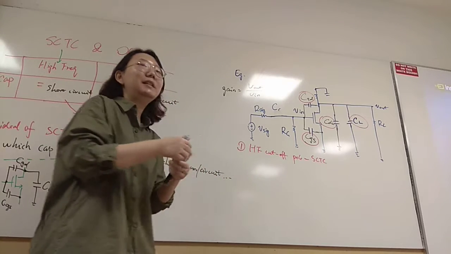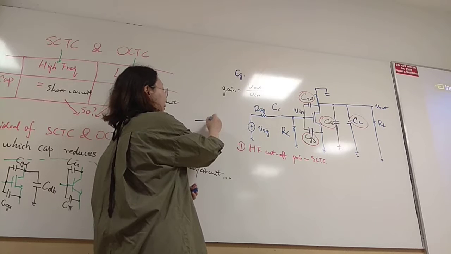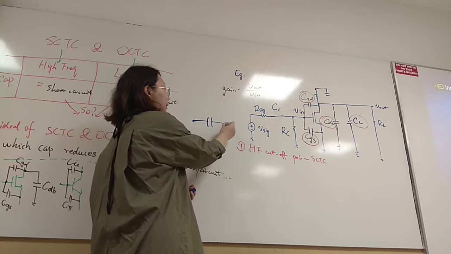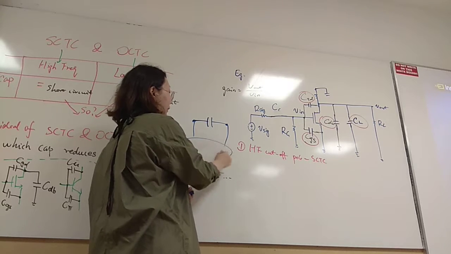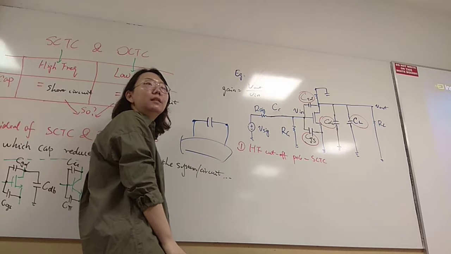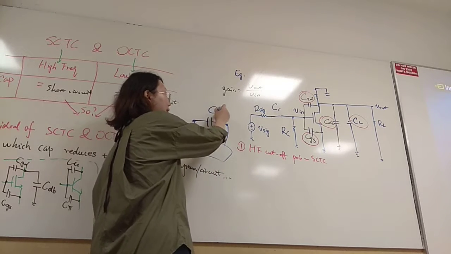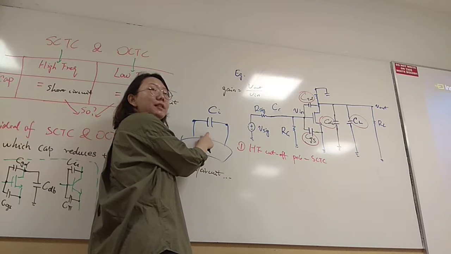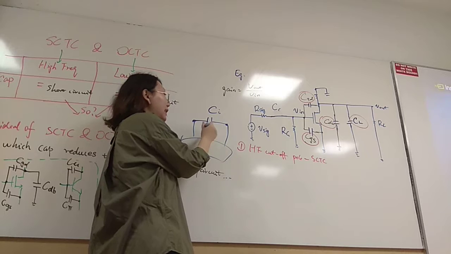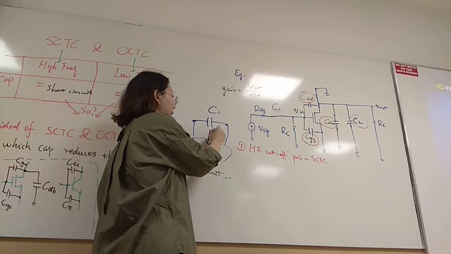Basically, it means that because my capacitor has 2 terminals, these 2 terminals are going to connect to the external circuit. So for the resistance seen by Ci, which is Ri, let's say this is Ci.